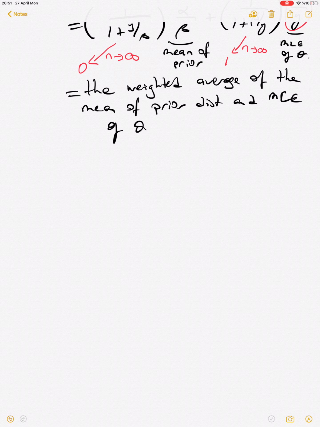So if the prior distribution is gamma, like in this example, then the posterior distribution will be gamma also. Or when the prior distribution is beta, then the posterior distribution is also beta with different parameters. If this is the case, this family of distributions is known as a conjugate family of prior distributions.